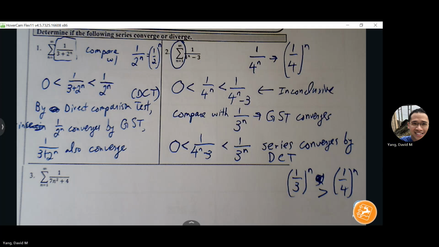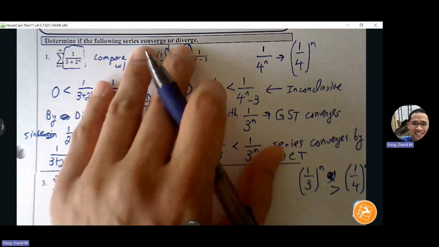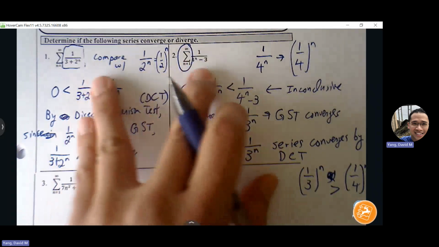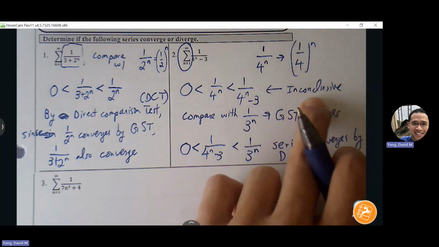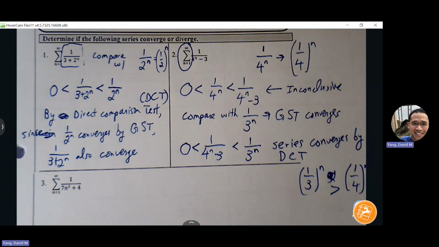As far as our tests go, if you see a series, whether they're asking about converging or diverging, the answer is never going to be inconclusive, right? The problems are always designed in a way where we can always come to a conclusive converging or diverging.